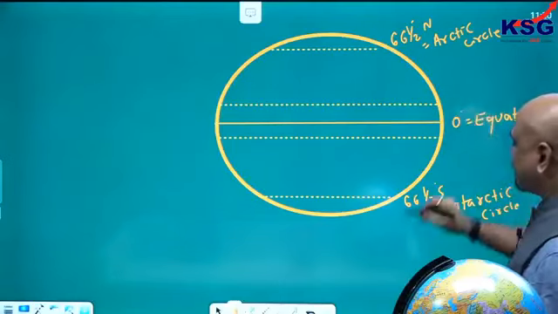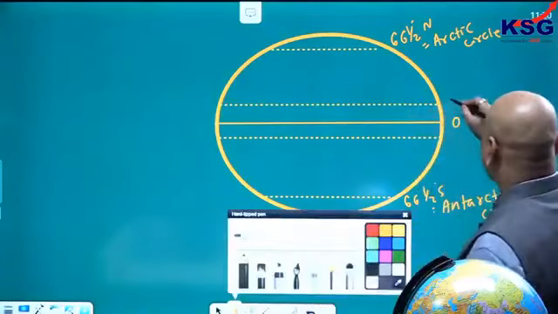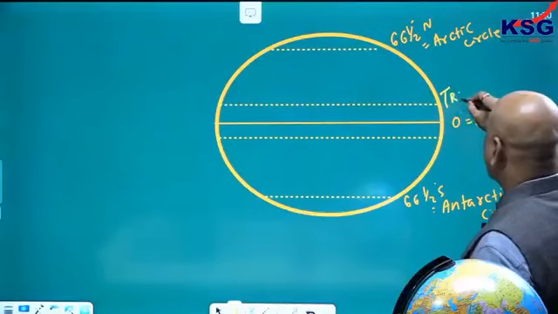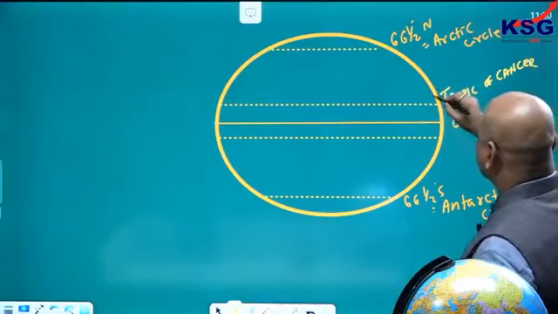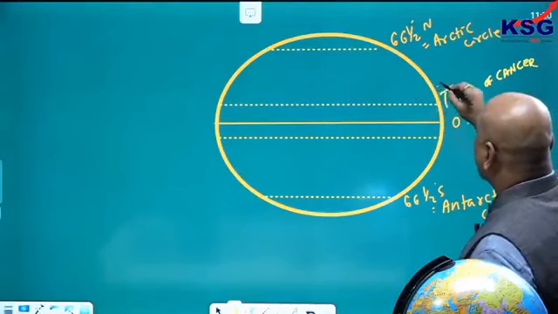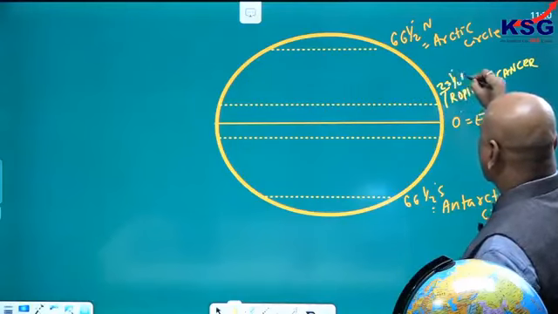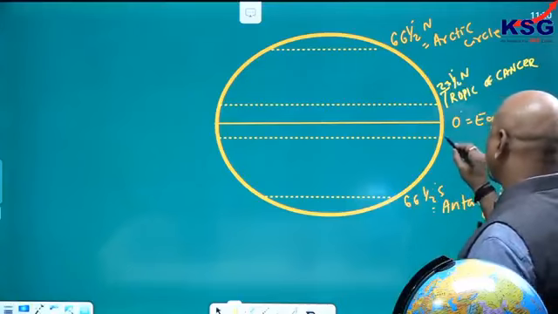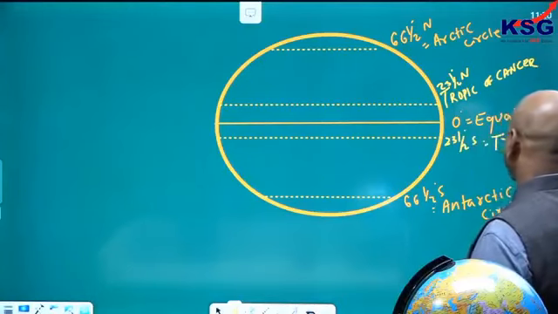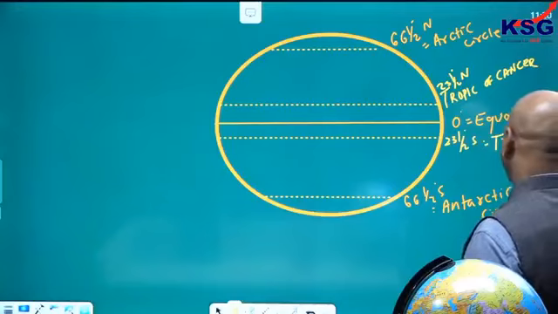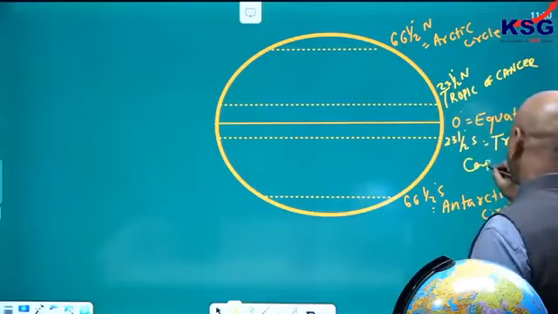This is the Tropic of Cancer, which is 23.5 degree north. Here is 23.5 degree south, the Tropic of Capricorn.